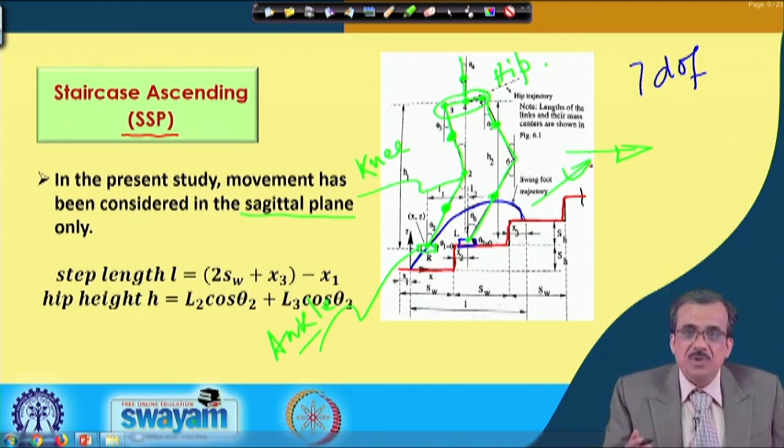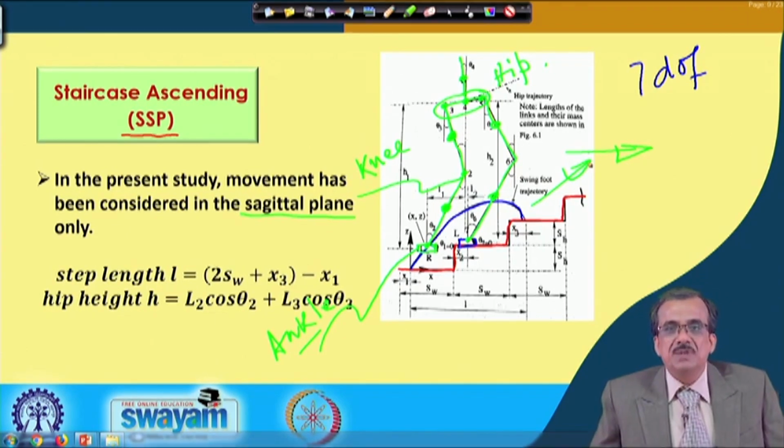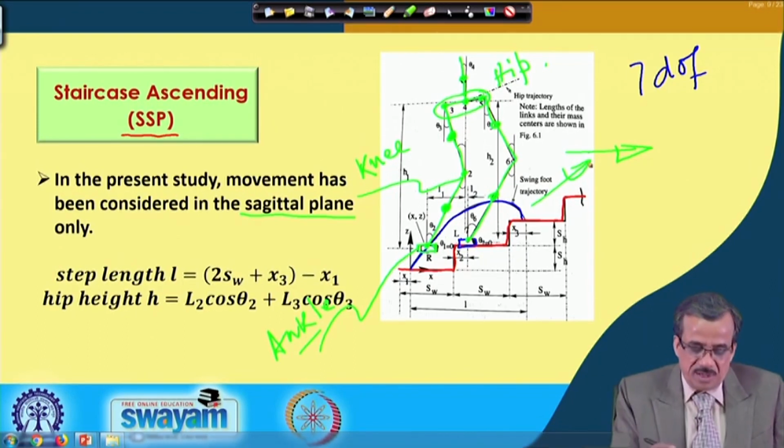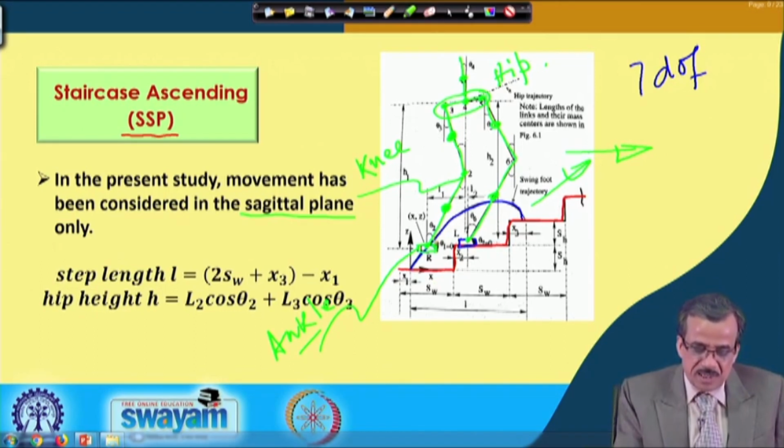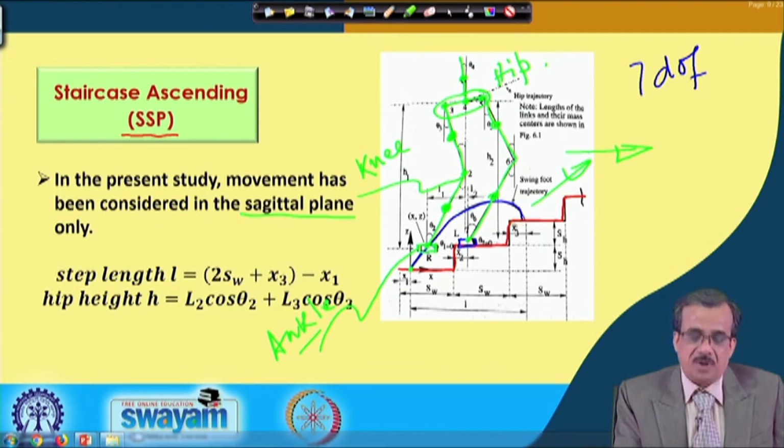Now, if I want to model it using fuzzy logic and neural networks, a few things are important. For example, here you can see that at the start I put the foot here, and that is taken as the swing foot later on.